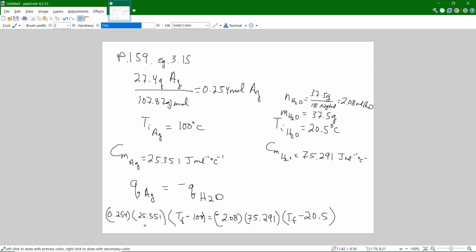Okay, 0.254 times 25.351, 6.439 times T final minus 100 equals, and then I'm going to do negative 2.08 times 75.291, minus 156.605 times T final minus 20.5.